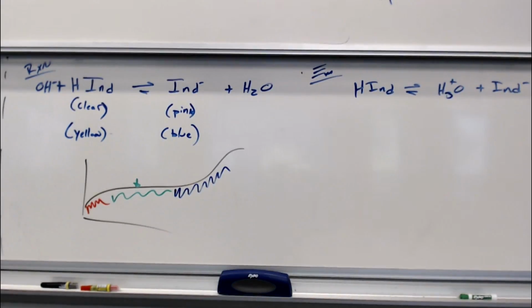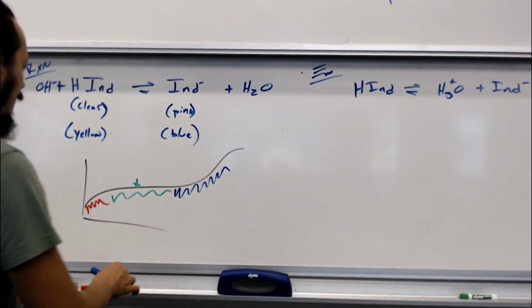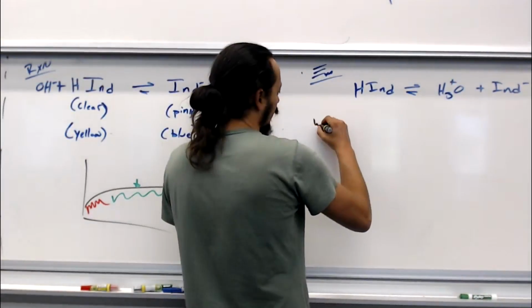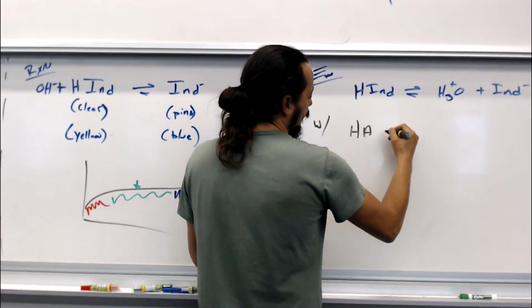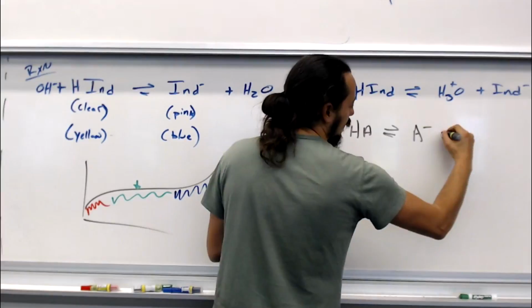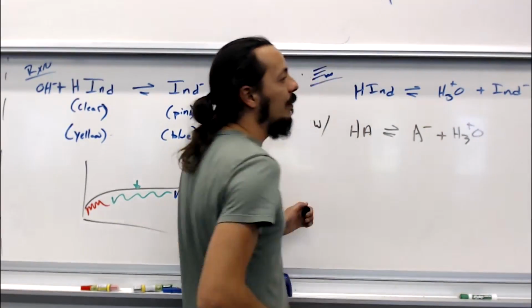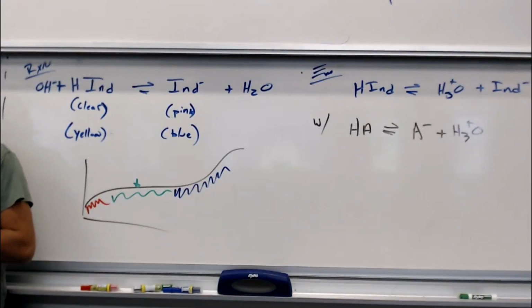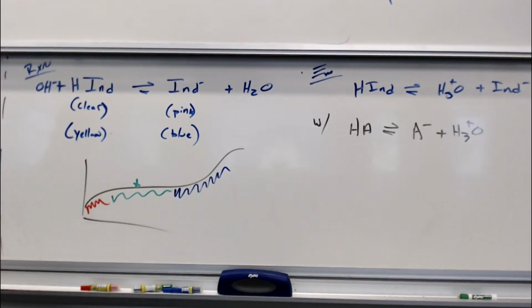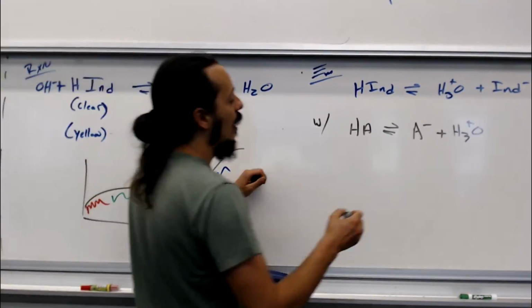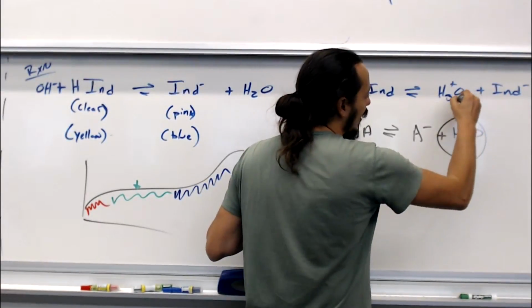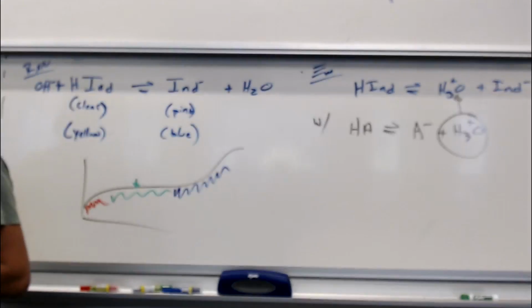Now, we could look at an indicator titration by itself, but we almost always have it in conjunction with some other weak acid that we're interested in, right? We never really just do a titration of an indicator. So we are using our H3O+ equilibrium here to control the indicator, right?